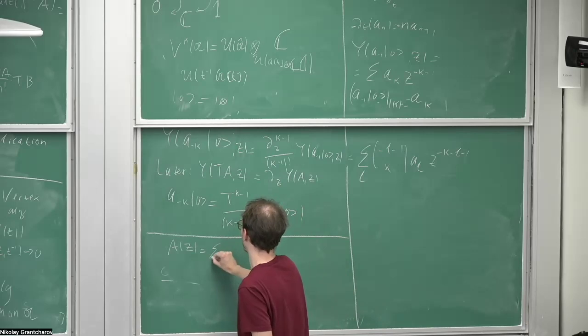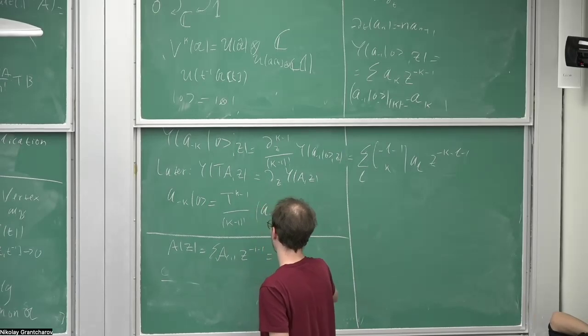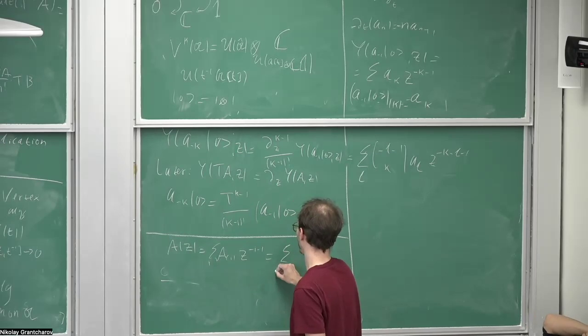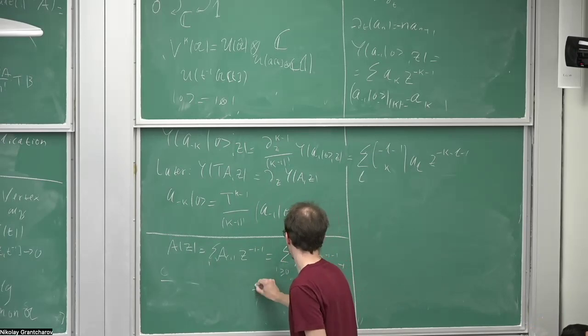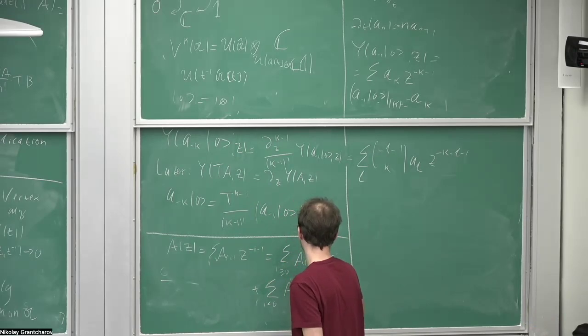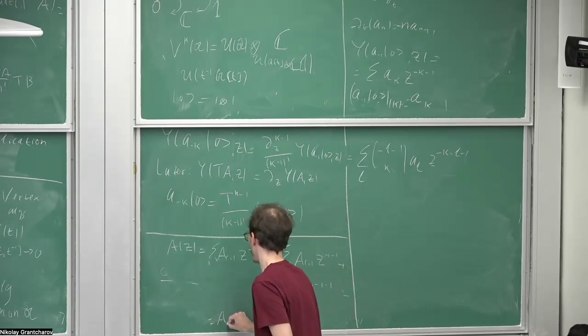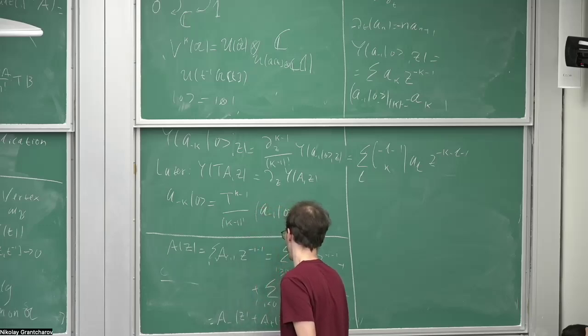Let's take positive terms and negative terms separately: non-negative i give negative terms, and negative i give non-negative terms. I denote these as A minus Z and A plus Z.